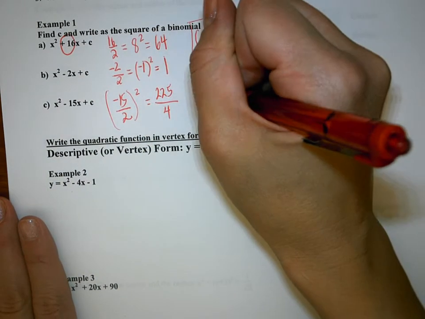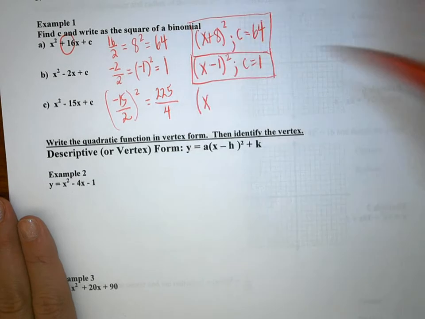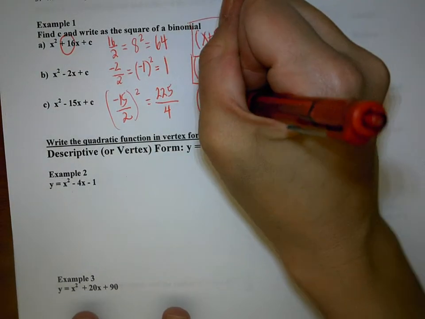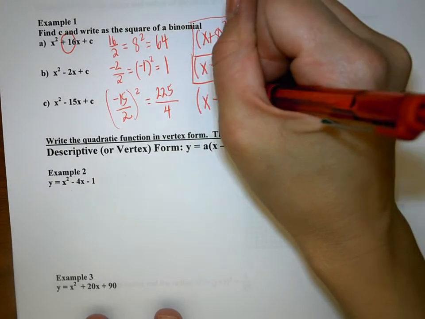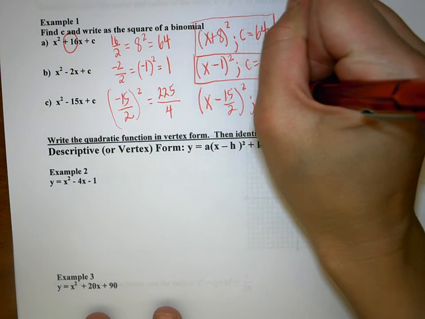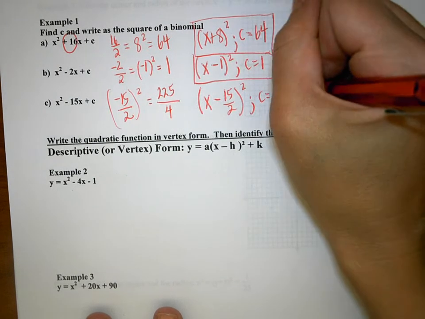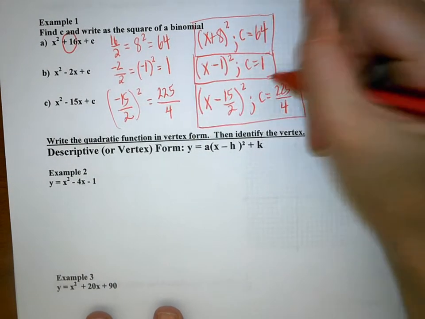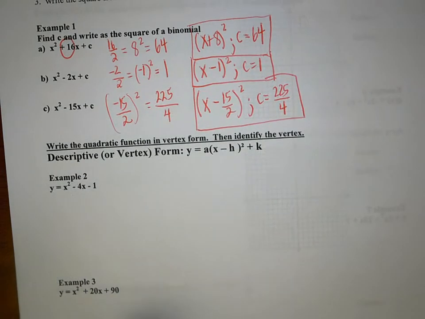So when you're writing your perfect square, we're going to have x what? x minus 15 over 2 squared, and then my c value is 225 over 4. So if your fraction doesn't reduce, just leave it as a fraction, and then you just square the top and the bottom number to get your c value.